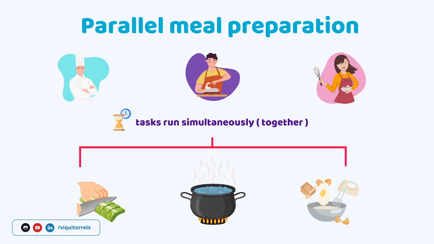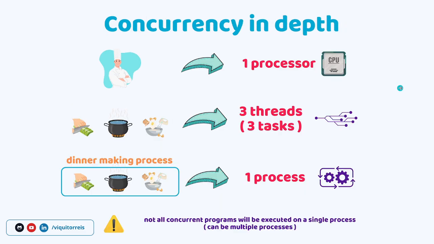However, concurrency is more than just multitasking. It's about structuring your workflow to handle tasks efficiently. Think of the entire dinner preparation as being a single process, with each task: chopping vegetables, boiling water, and mixing dessert, acting as a separate thread within this single process.